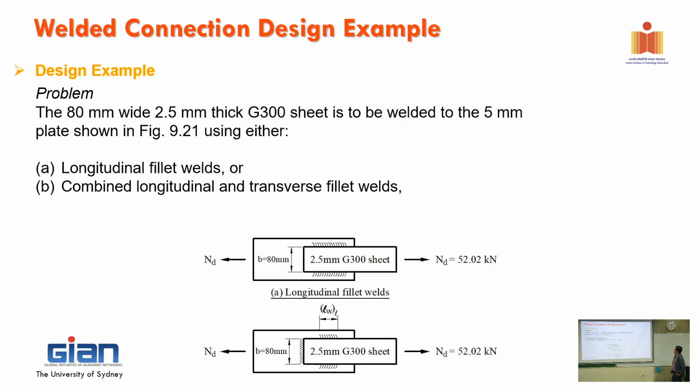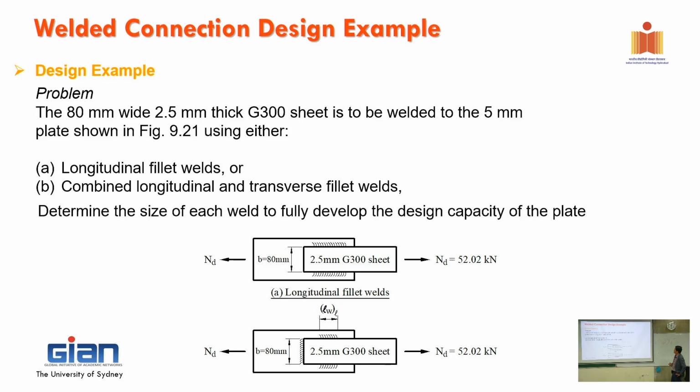So our connection will be subjected to the load 52.02, and now we need to check. We decide how long we need to weld for the longitudinal weld in here, and on the transverse as well.